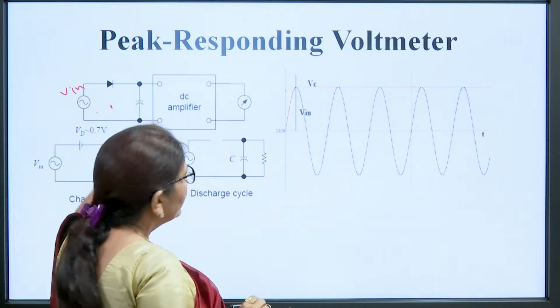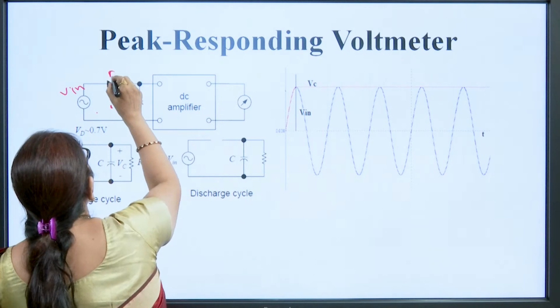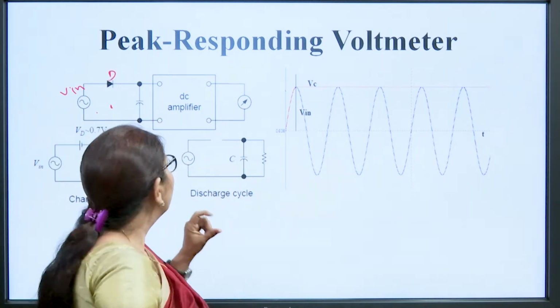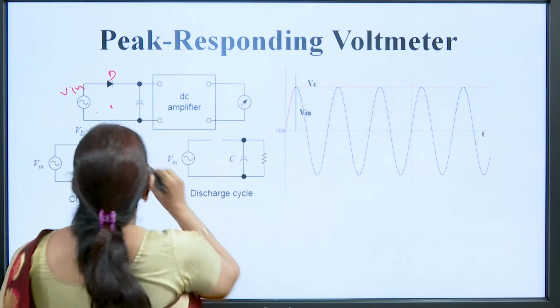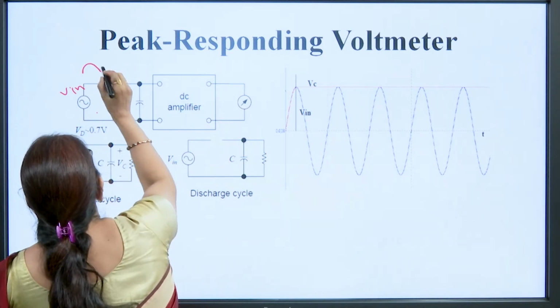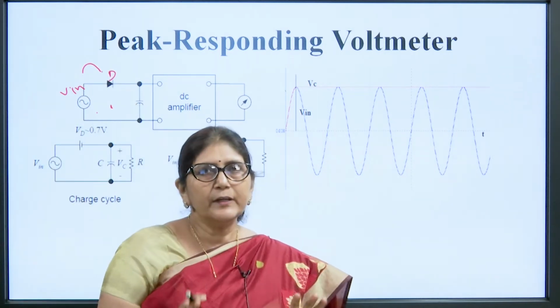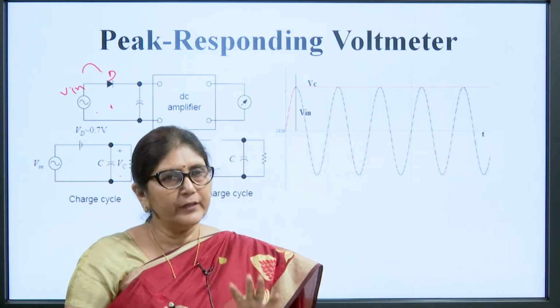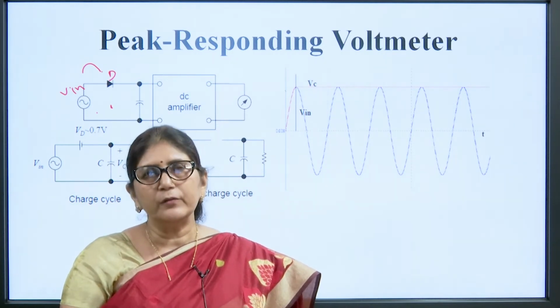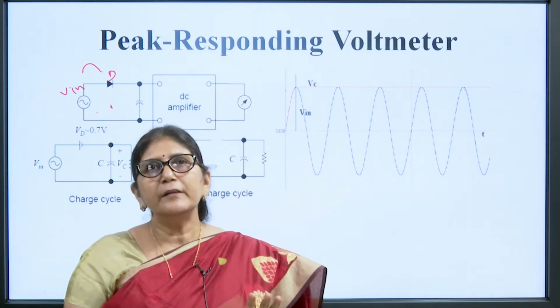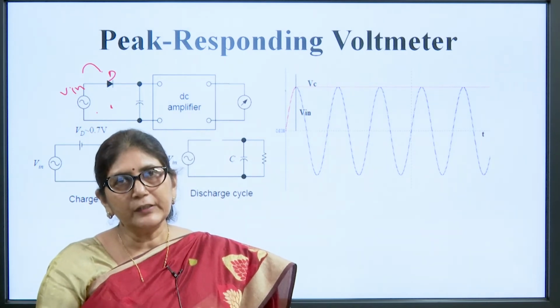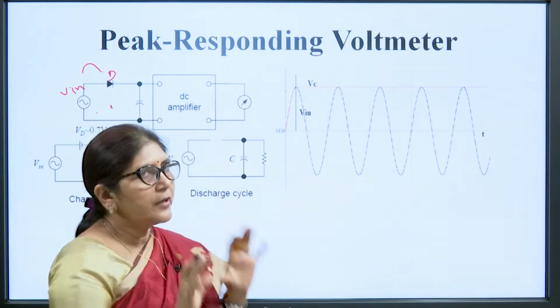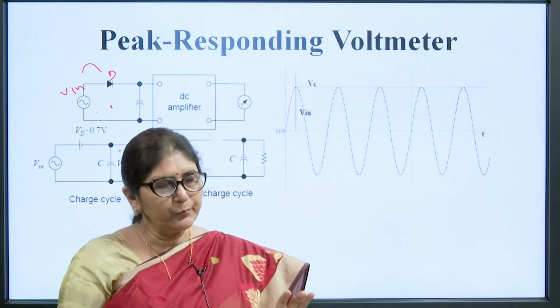It is applied through a diode D and there is a capacitor. What will happen when the positive half cycle of this signal appears? Then this diode will conduct, because a diode only conducts when the anode is positive with respect to the cathode. When this diode conducts, the capacitor will charge to the peak value of the input signal.